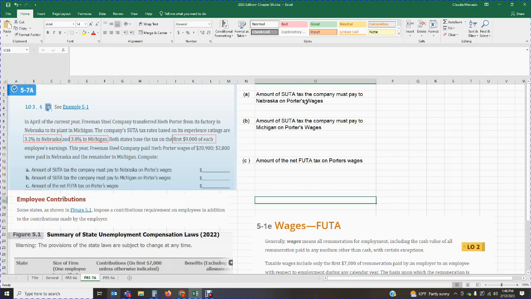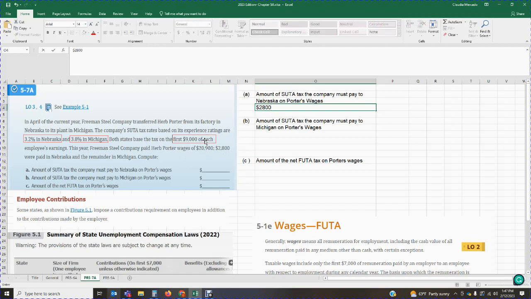The amount of the SUTA tax the company must pay to Nebraska on Porter's wages. Okay, so we need to look. We know that Porter made $20,900. $2,800 of those were paid in Nebraska. So that is what we're calculating. So in Nebraska, the employee earned $2,800. You ask yourself, is that more than the cap of $9,000?